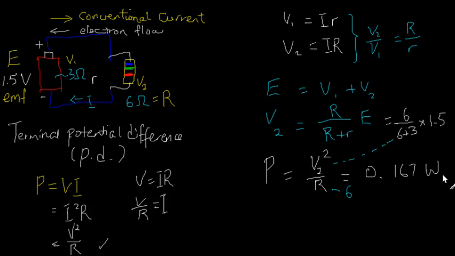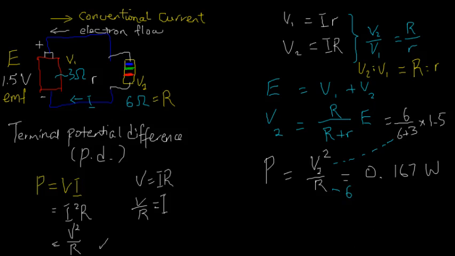So that's the power that I get, using the formula for power and using this relation that V2 and V1 are related in the ratio of the resistances, which is why we can calculate V2 in this way.